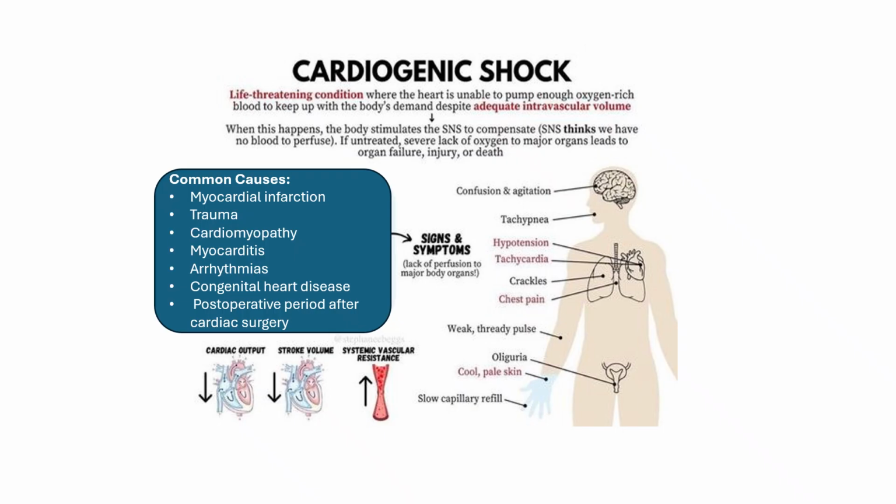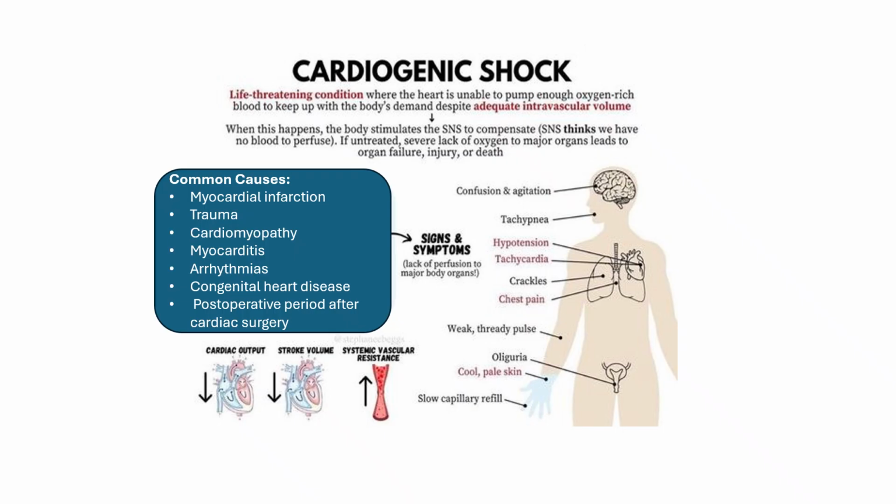So things such as myocardial infarction, because you can have damage to that pump. And this is going to be the most common cause of cardiogenic shock. But other things such as trauma, cardiomyopathy, myocarditis, arrhythmias, congenital heart diseases, and that postoperative period after cardiac surgery can put a patient at risk.